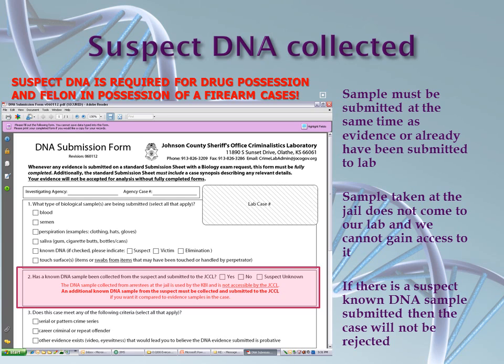If you submit to DNA one of those two types of cases, drug possession or felon in possession of a firearm, and we do not have a suspect DNA sample submitted at the same time or previously, then that case will be rejected for DNA analysis. So that's just something to keep in mind.